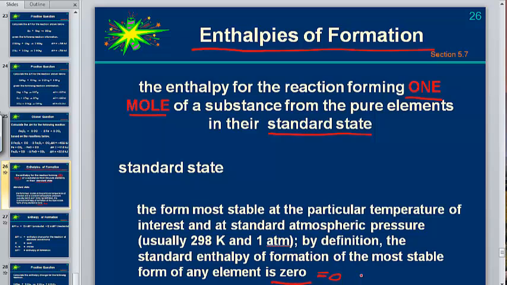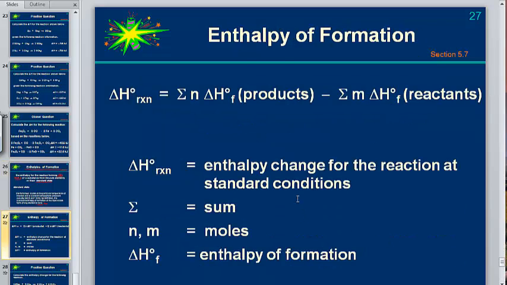Iron, sodium, potassium, cobalt, all of those are elements that want to be monoatomic. Their enthalpy of formation is 0. For compounds, it's the enthalpy of formation reaction forming 1 mole of a substance. And you have to actually look those values up in a table. Now, you're fortunate in that I'll give you the table.